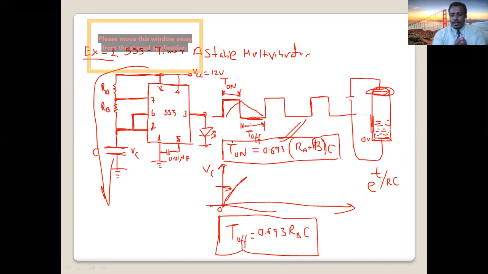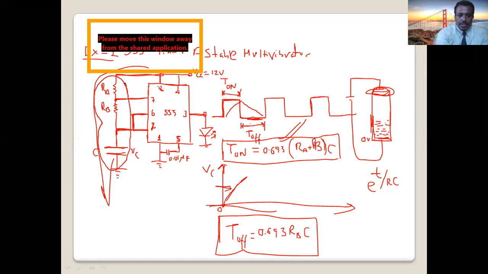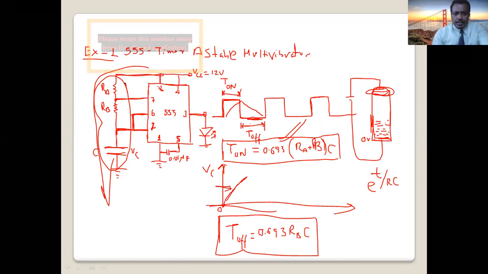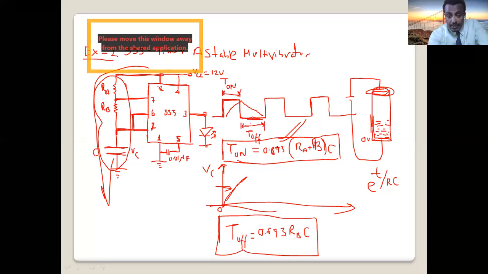So the time period for on and off, or high and low, depends on what? It depends on how much resistor and capacitor we put here. Depending on these resistors and capacitor, we can control the on and off period of this 555 timer astable multivibrator. So T on is equal to what? 0.693, which I said is a constant, times RA plus RB times C.